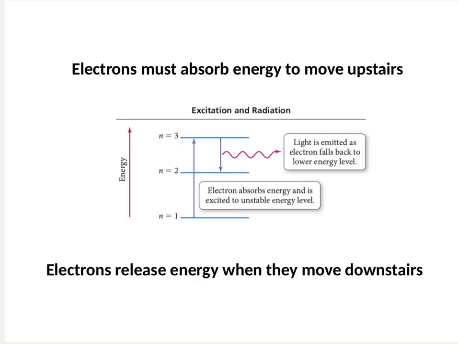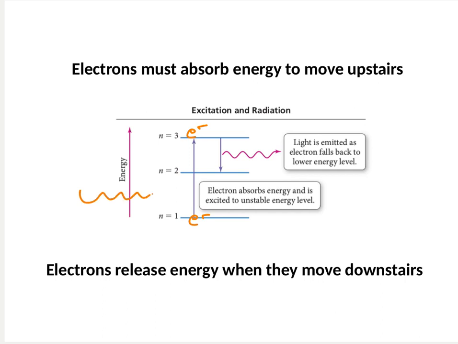Furthermore, if that electron wants to move between different homes, then that electron must either absorb or release energy. So if you want to move to a home with an increased number of stories, for example, if you're an electron sitting down here in a 1-story home and you want to end up here in a 3-story home, well, you're going to need energy in order to make that happen.